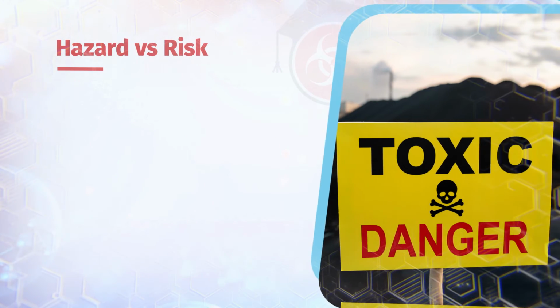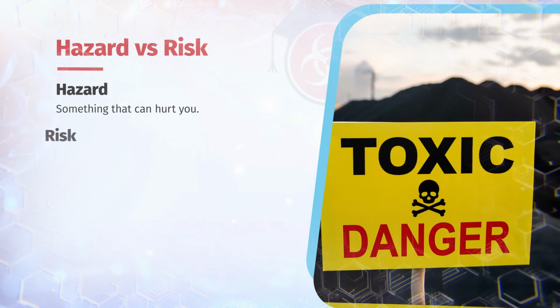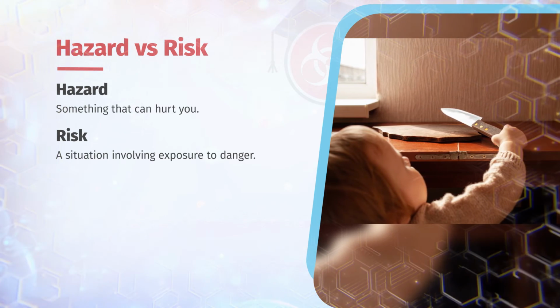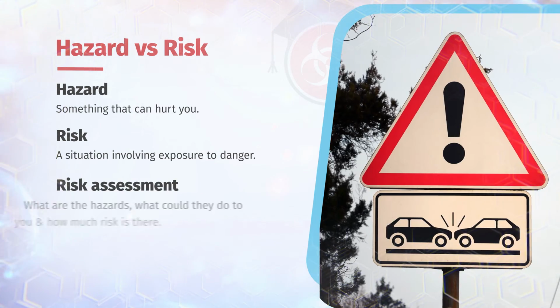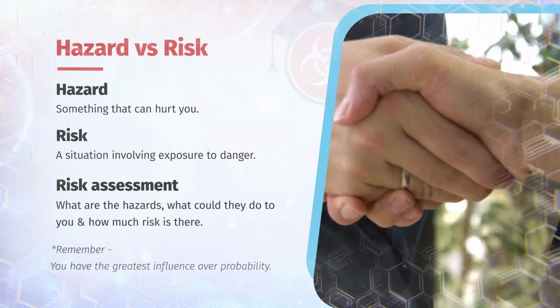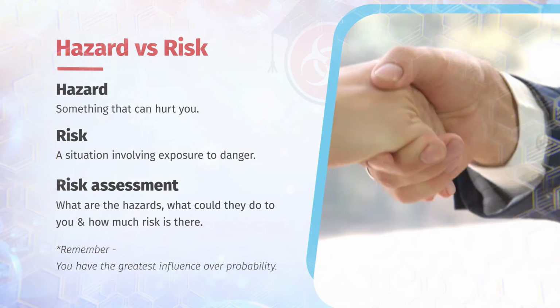Now to quickly review what we learned. First, a biological hazard is anything that can hurt you, and risk is the probability and consequences of that hazard causing harm. A risk assessment is your determination of how risky a situation is. And remember, you have the greatest influence over the probability of that event occurring.